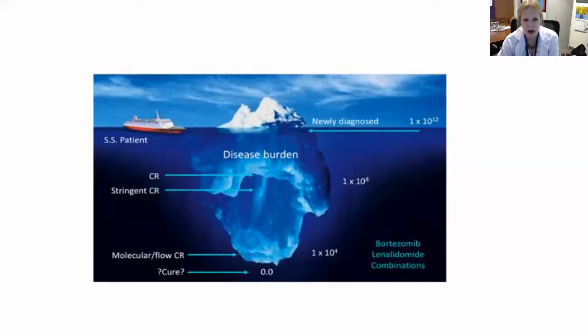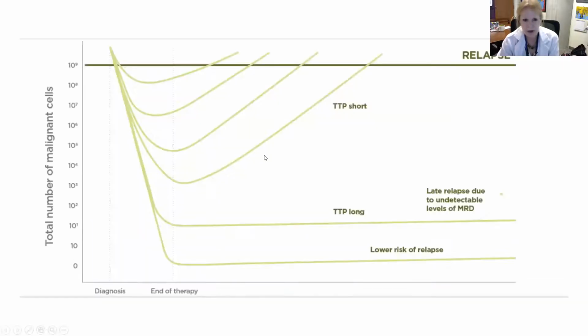It's more to say that if you're really thinking you're getting rid of all the myeloma cells, you're probably kidding yourselves with older techniques. And if we have treatments that can make these myeloma cells present to an extremely low level, are you going to actually get to a cure? Again, this is theoretical, this isn't actual, so I just want to emphasize that.